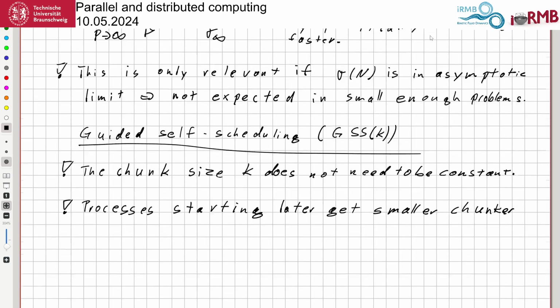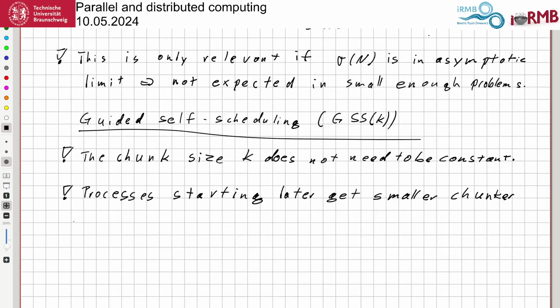Now, the way this is done in this particular algorithm, using the number of work items, here again the number of processes, and R is the number of work items assigned. Not yet assigned.